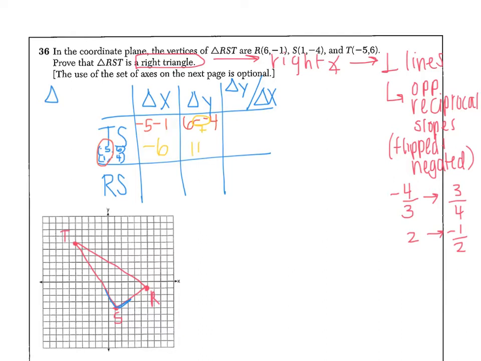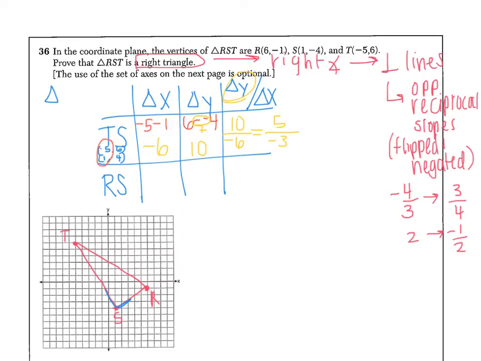So now we have +10. 6 plus 4 is +10. When we find slope, we do change Y over X. Y is to the sky. So that's 10 divided by -6. But we always want to reduce. I can divide each of these by 2. So 10 divided by 2 is 5. And -6 divided by 2 is -3.